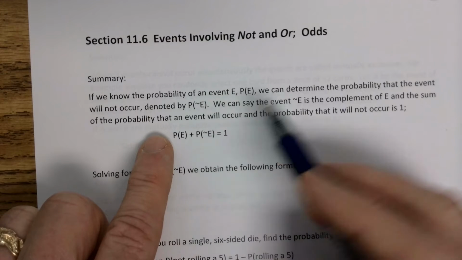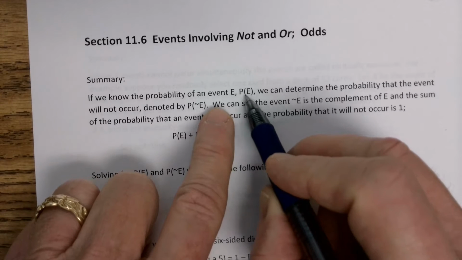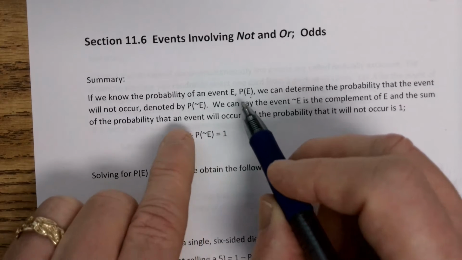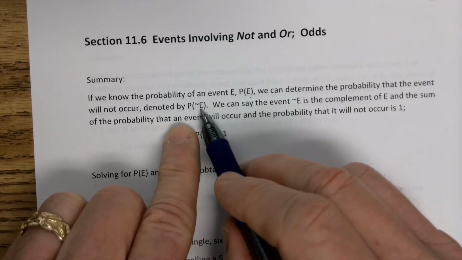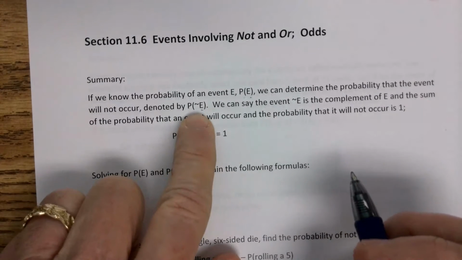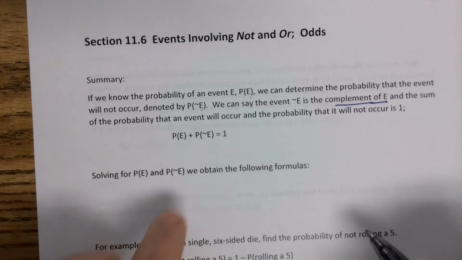If the probability of something happening is P of E, then we can write the probability of it not occurring as P of not E. That shouldn't be really new notation. It's called the complement of E, if you want to know the vocabulary word.